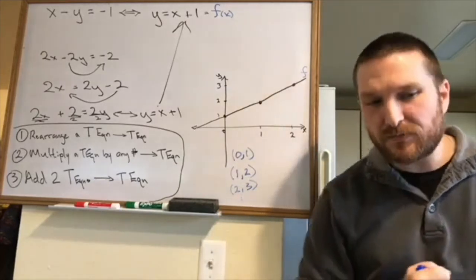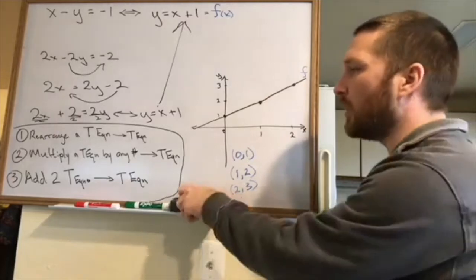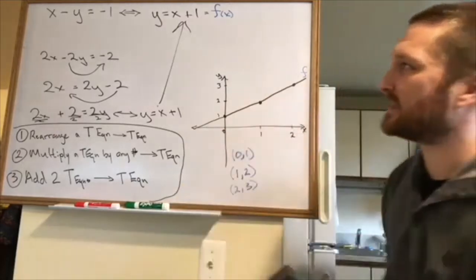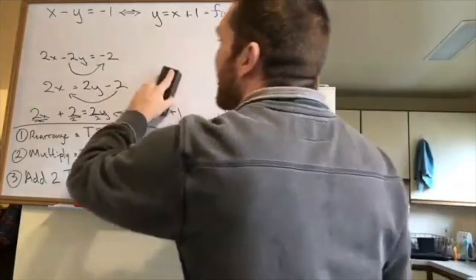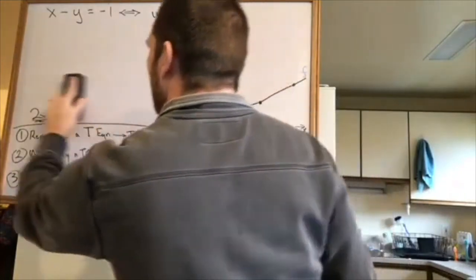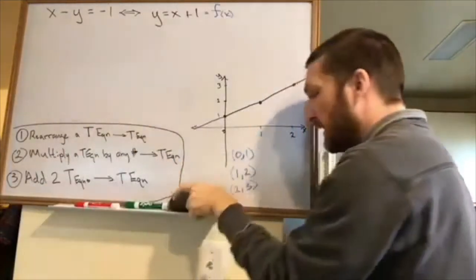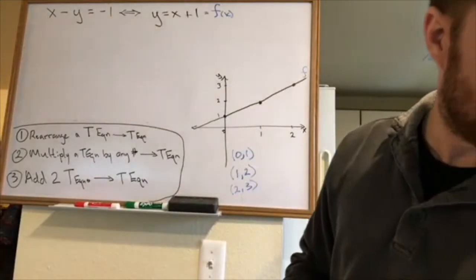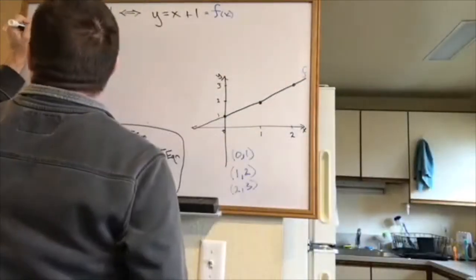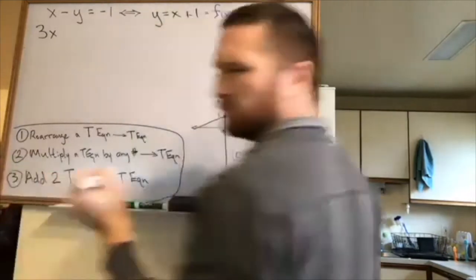But what happens when we have an equation that we don't know about? Like, I'm not going to contrive this example. I'm just going to make up another line. And the line that I made up was this one. Yep.